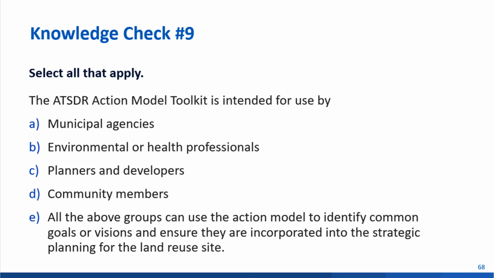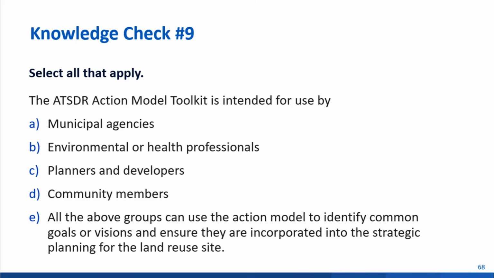E. All the above groups can use the action model to identify common goals or visions and ensure they are incorporated into the strategic planning for the land reuse site. I'll pause for 10 seconds to give you a chance to select the correct answer. The answer is E. All of the above. Everyone can use the action model.